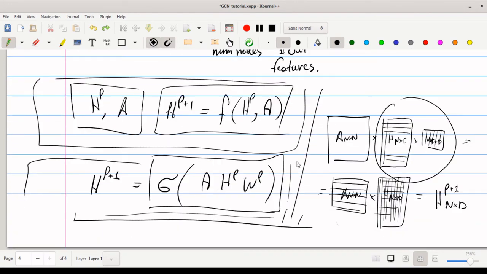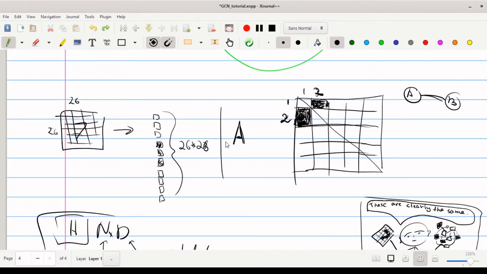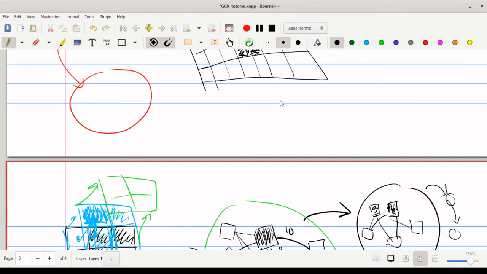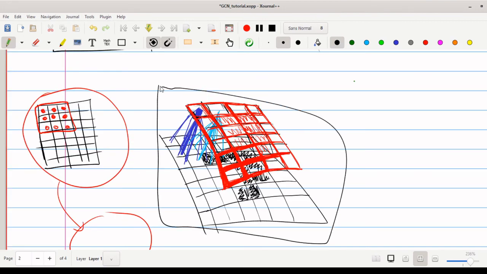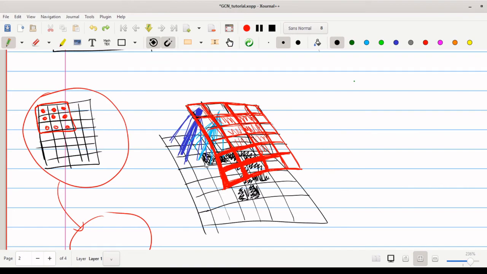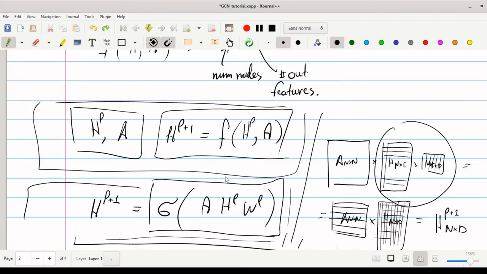So that is one way to use this model. In our image classification example, we have the initial input representation for every node. We know whether the pixel is on or off. So that is the feature representation for the inputs.